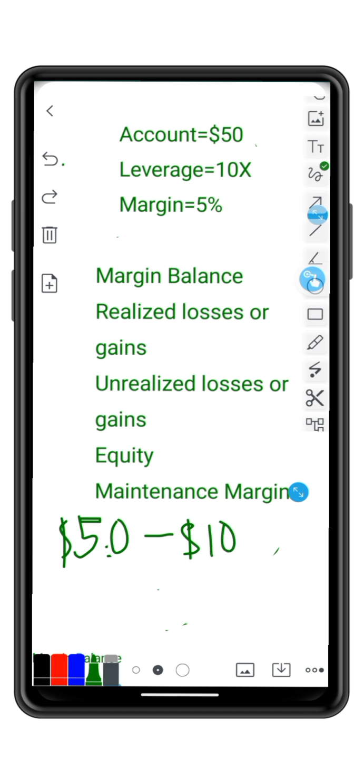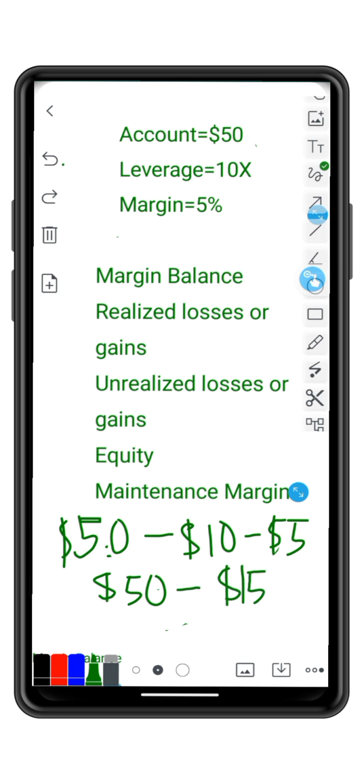So $10 is your unrealized loss. Let's say there is a realized loss of $5. So we take away $5 also. That's like removing a total of $15 from your trading account.